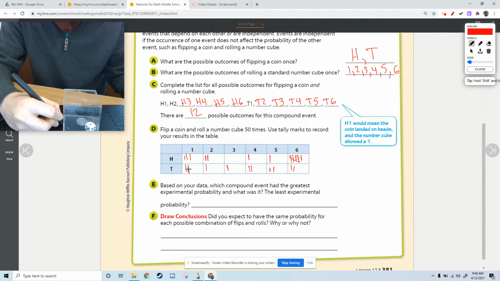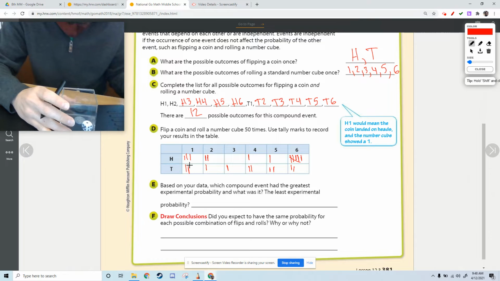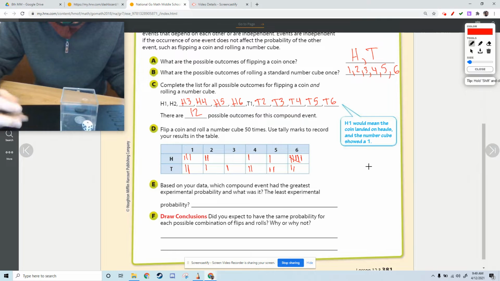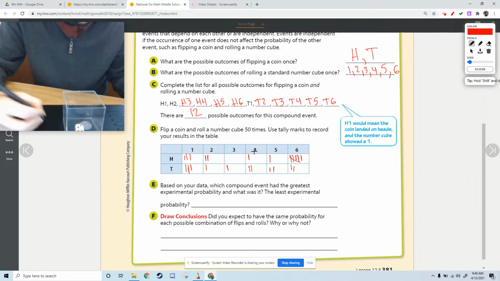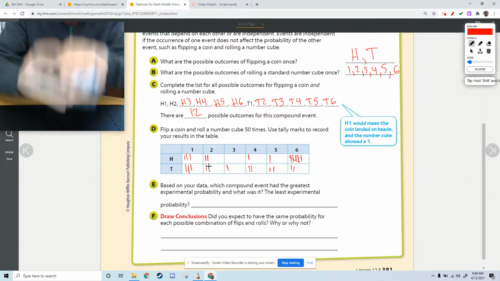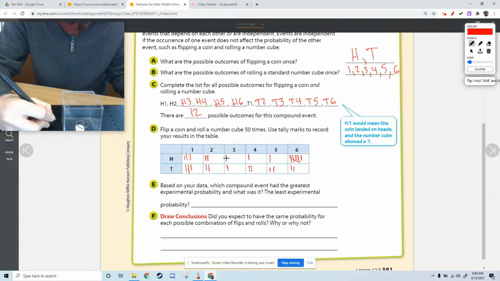1 tails. If you want to skip ahead in this video, that'd be fine. Just up to where I draw a nice star right here. 1 tails. 2 tails. 3 heads.